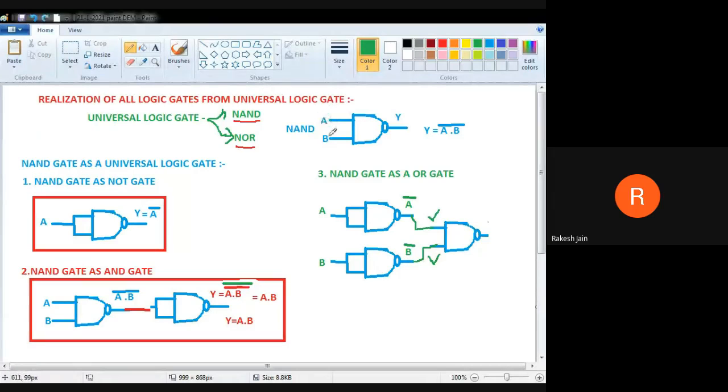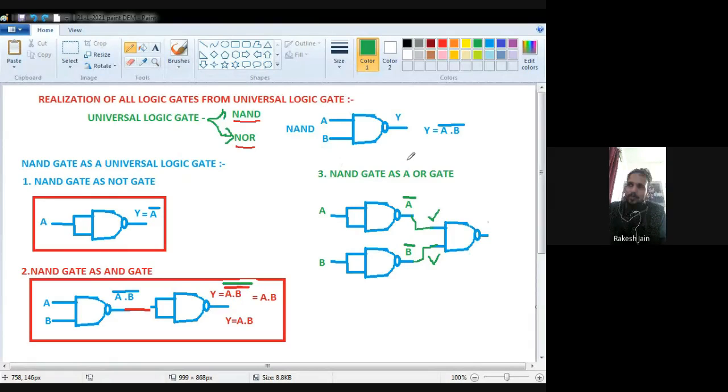If one input is A and one input is B, simple A and simple B, then the output is A dot B, first input dot second input having a total bar.